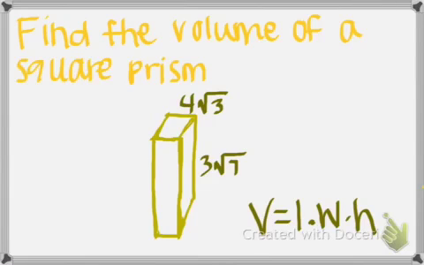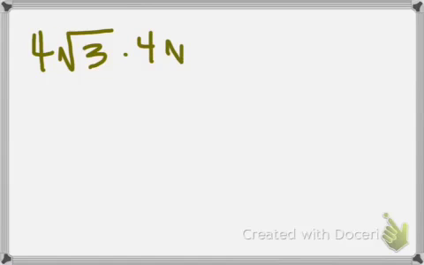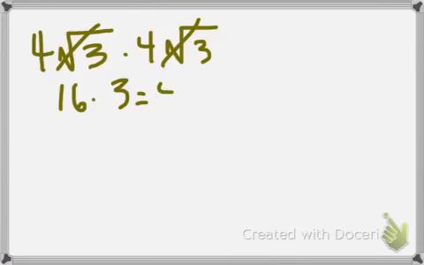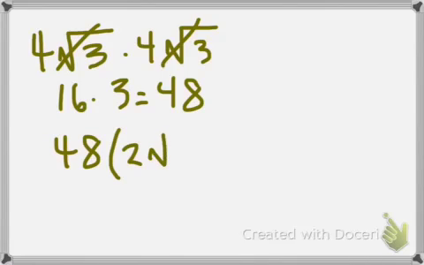Next we will be finding the volume of a square prism. The volume of a prism is the length times width times height. As you can see, the length and the width are both the same, which is 4 radical 3, and the height is 2 radical 7. First you take 4 radical 3 times 4 radical 3 for the length and width, and that will equal 16, and both radicals cancel out, so it's 16 times 3, which is 48. Now you multiply the 48 by its height, 2 radical 7.